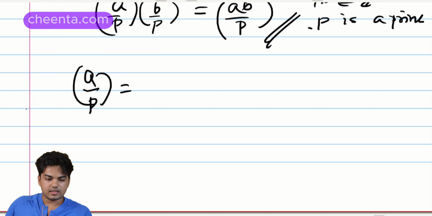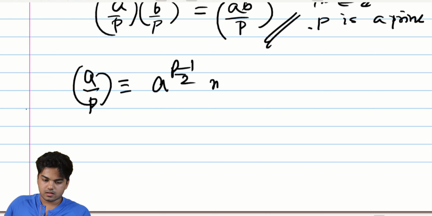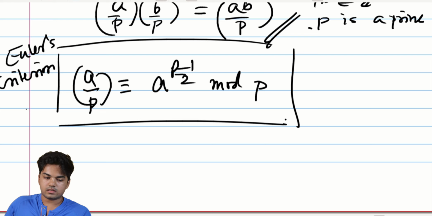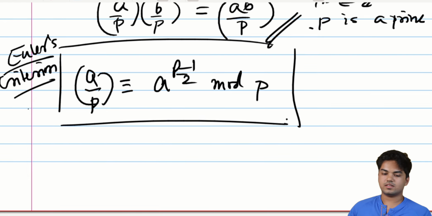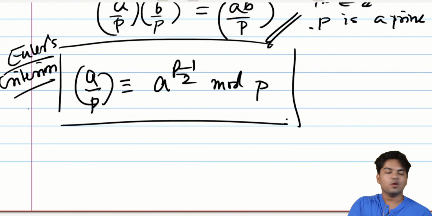The simple answer is you have something known as Euler's criterion, which is this. There are many Euler's criteria at this point. It's not worth it to keep track of all of them. You just know the result.